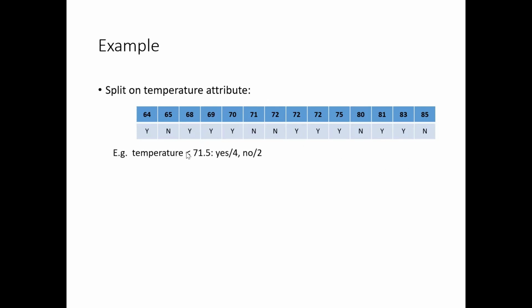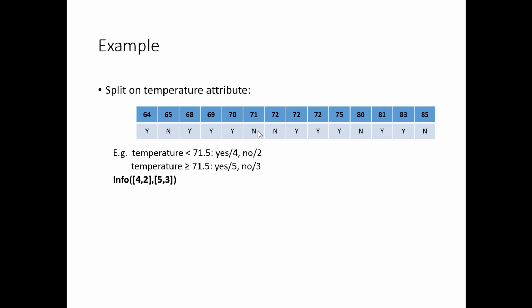Let's say temperature less than 71.5. That means somewhere down here, and we can calculate the number of positive and negative. So here 4 yeses and 2 noes, when the temperature is less than 71.5. Similarly, if you look at the other part, you will also notice there are 5 yes instances and 3 no instances.